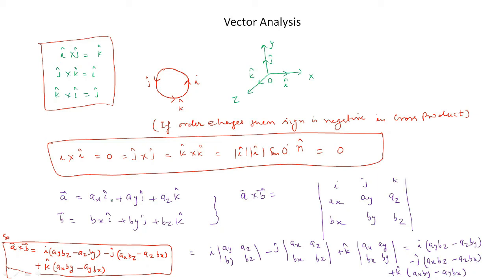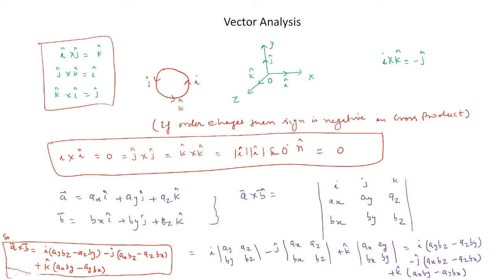So suppose here we write i cross k, so that will be equal to minus j, because here the order is not followed, because after i there must be j, but here after i multiplied by k, it will give a minus j unit vector.